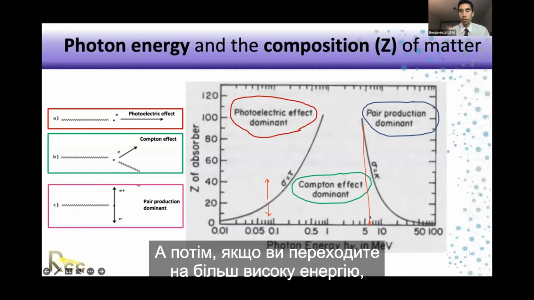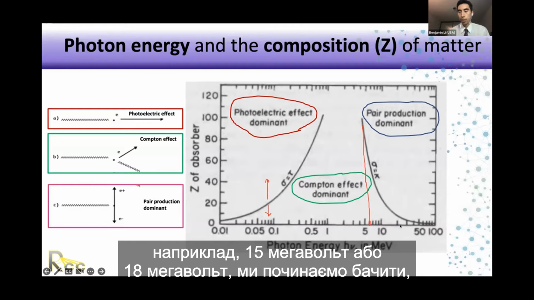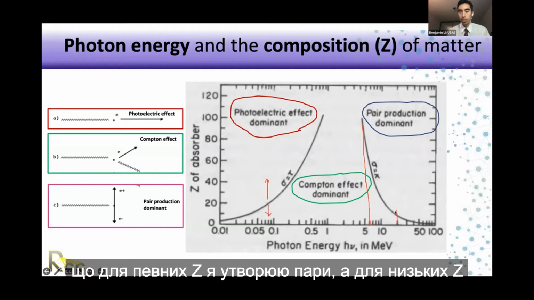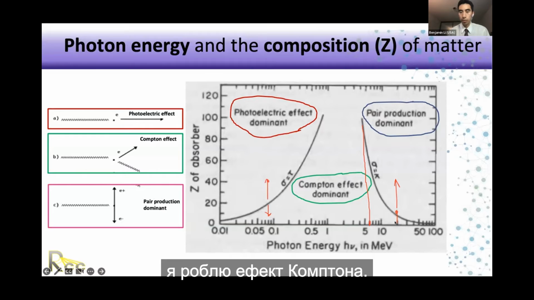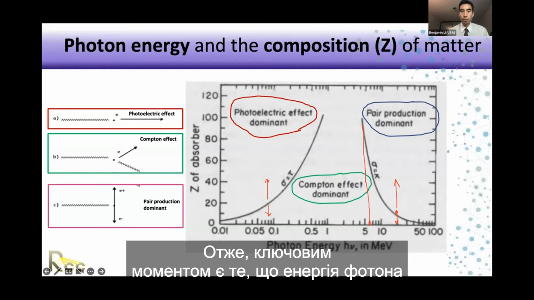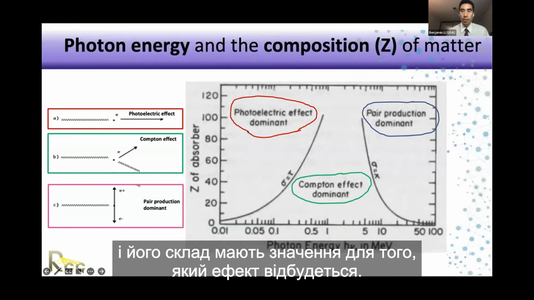And then if you were to get into higher energy, like 15 megavoltage or 18 megavoltage, now we're starting to see that for certain Zs, I'm doing pair production, and for low Zs, I'm doing Compton. So the key point is that the photon energy and the composition both matter for what effect is going to happen.